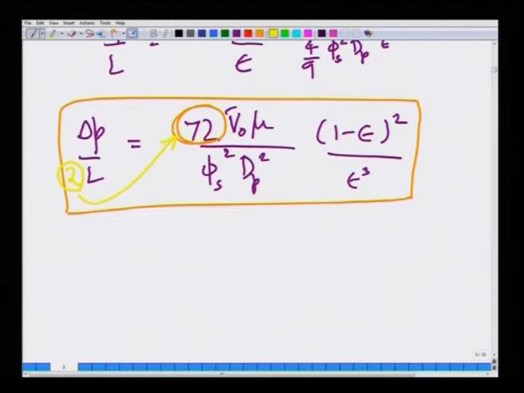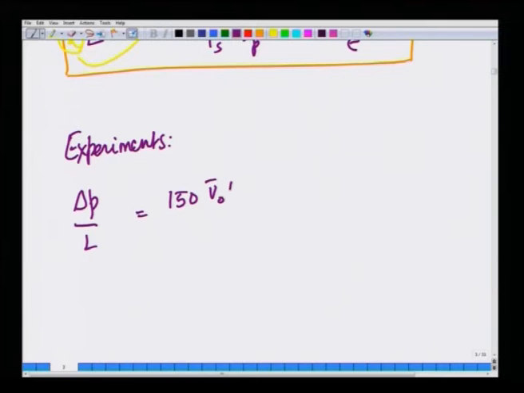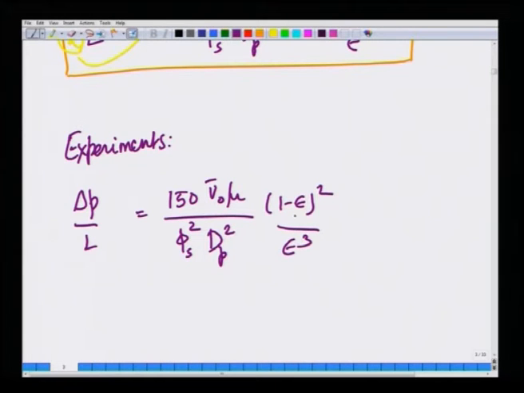Experiments tell us that at low Reynolds numbers, delta P by L is 150 V naught, V bar naught mu by phi s squared dP squared, times 1 minus epsilon squared by epsilon cube.